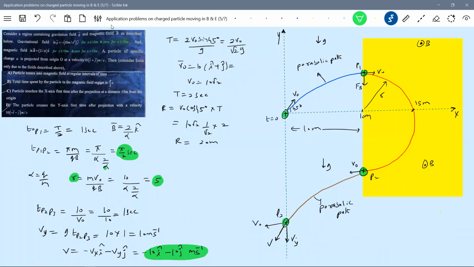Make observation. We'll take the next one again. One more good problem is there. Write all these things. Circular path.